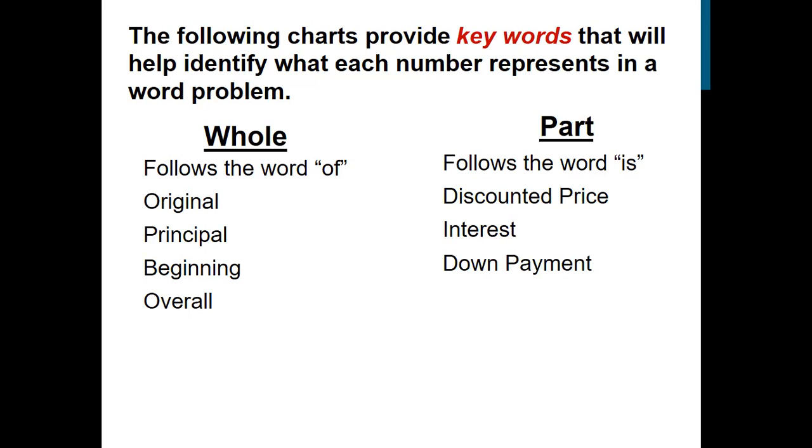I'll emphasize on this one because a lot of times people will mistake a down payment for a whole because it's usually a big number if we're talking about a car or a house. So down payment is a part, it's not a whole. Amount paid and taxes are part of your yearly income, and tips should be part of what you pay at a restaurant or something. And I hope you do tip your waitresses and waiters.